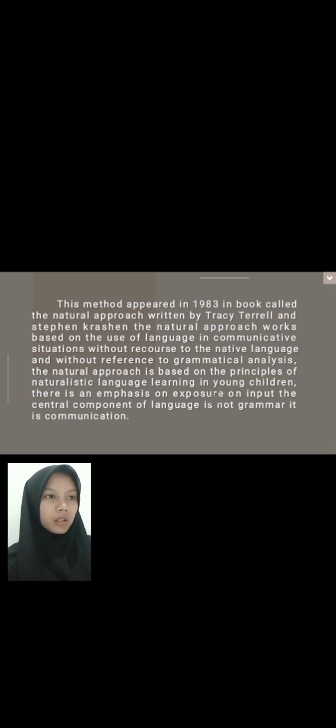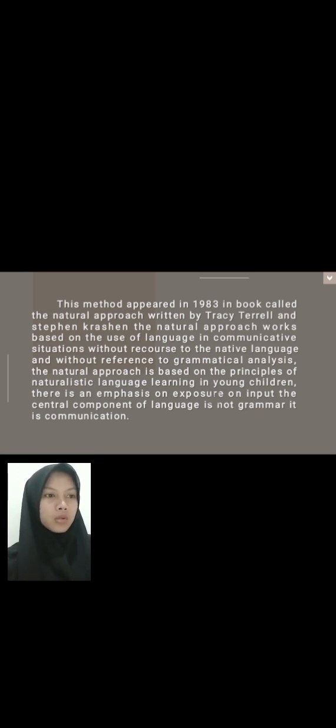This method appeared in 1983 in a book called The Natural Approach, written by Tracy Terrell and Stephen Krashen. The natural approach works based on the use of language in communicative situations without recourse to the native language and without reference to grammatical analysis.